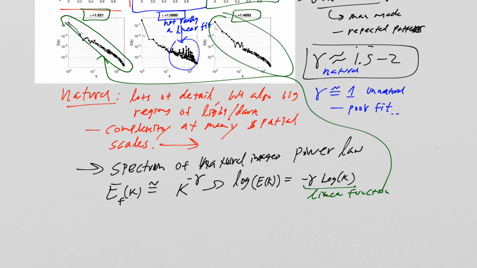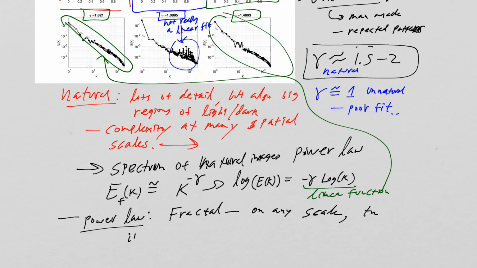And what's neat about these power law phenomena is that they're also called fractal. They're called fractal because what they're saying basically is that on any scale, the image spectrum is the same.